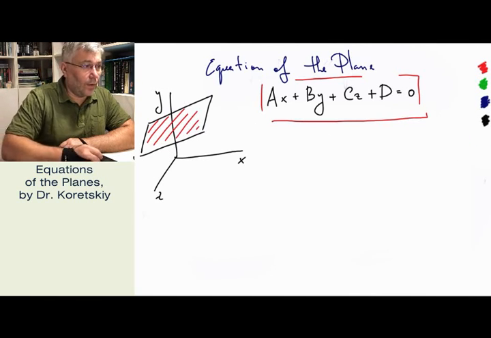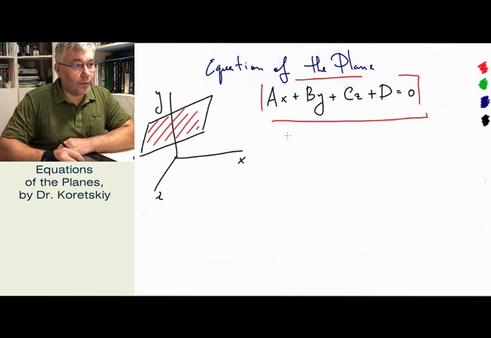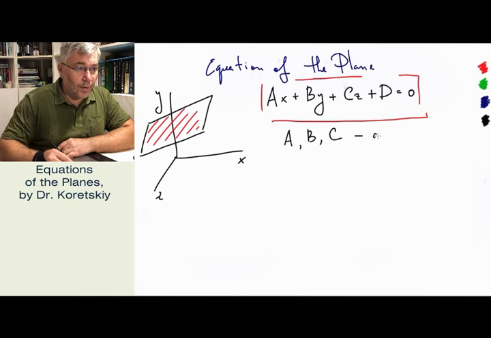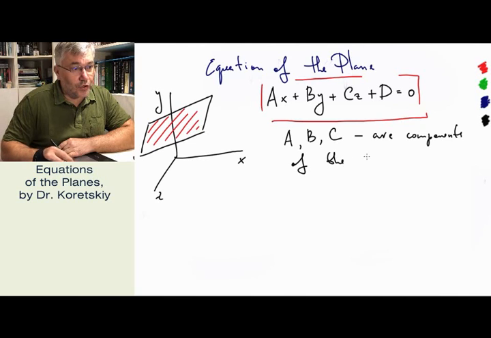But what about these numbers? A, B, C are components of the vector n, which is perpendicular to the given plane.